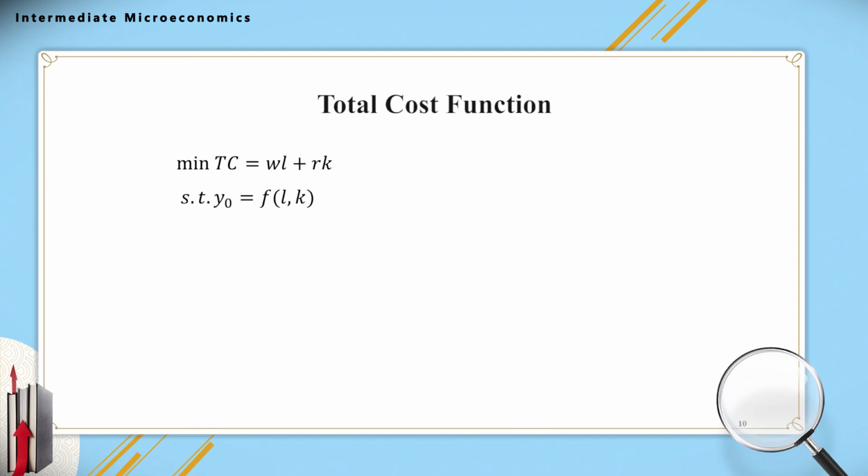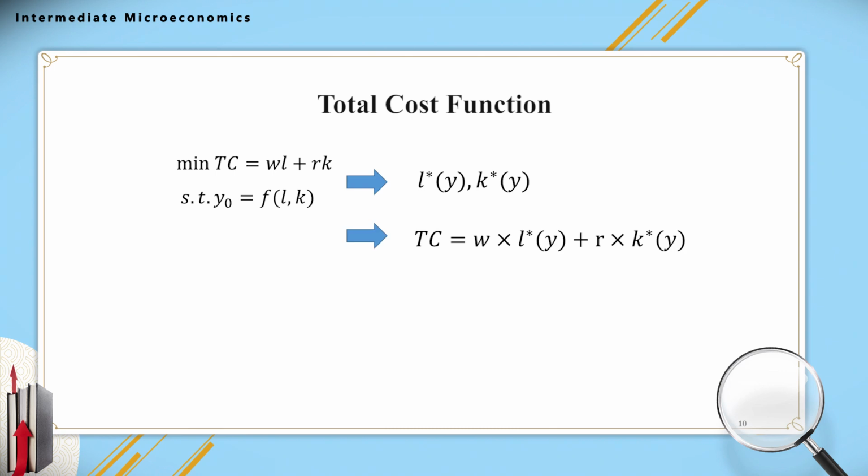We just mentioned that the demand for inputs is derived from the output level. That is to say, the demand for inputs with minimum cost is a function of the output level Y. Since the total cost is equal to the factor price multiplied by the factor demand and then summed up, it must be a function of factor price and output level.